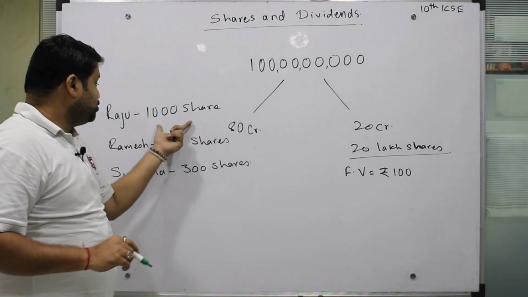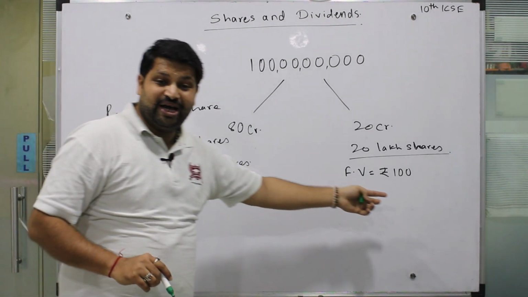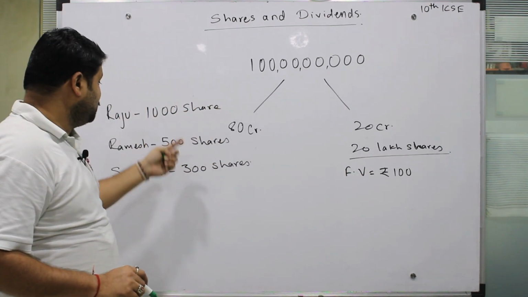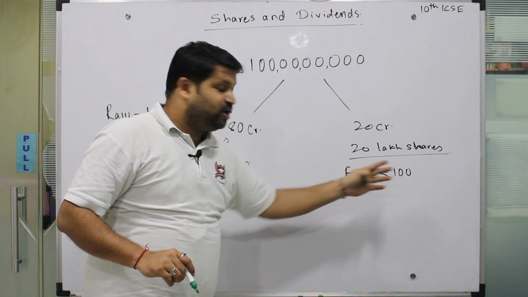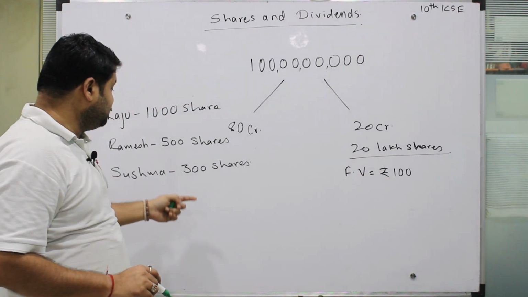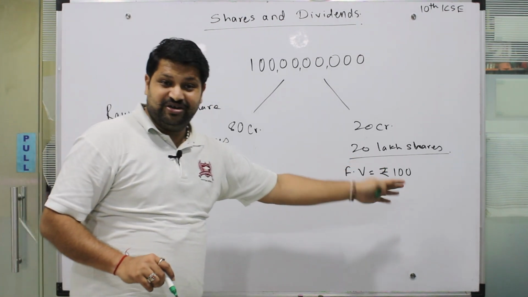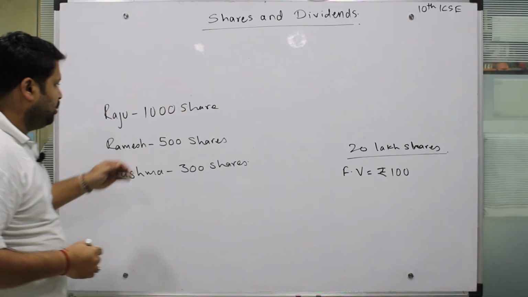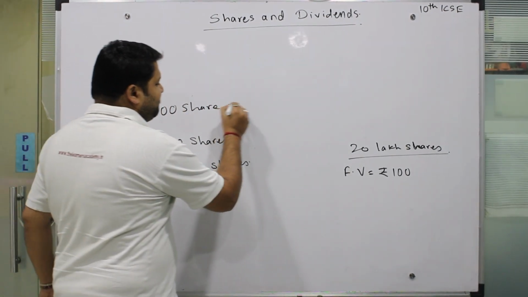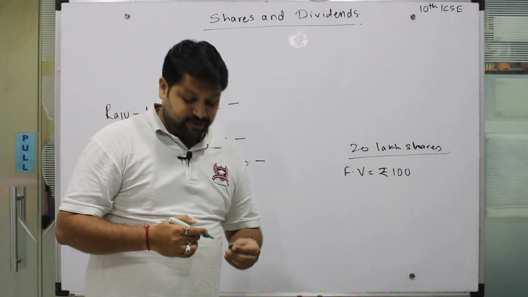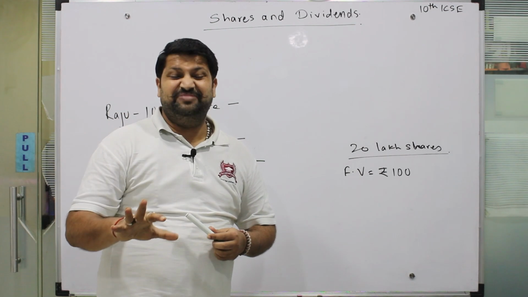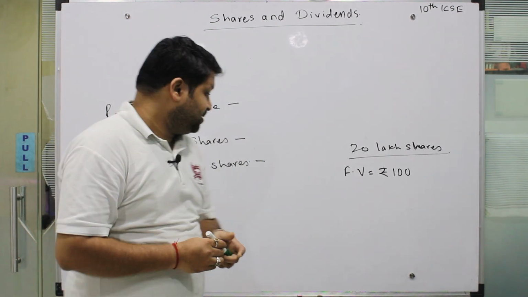राजू ने 1000 shares लिए, so his investment would be 1 lakh rupees, 100 multiplied by 1000. रमेश ने 500 shares लिए है, so his investment would be 50,000 और सुषमा की होगी 30,000. Okay? तो अभी I have given a 15% का dividend. So not me but my company has given a 15% का dividend.